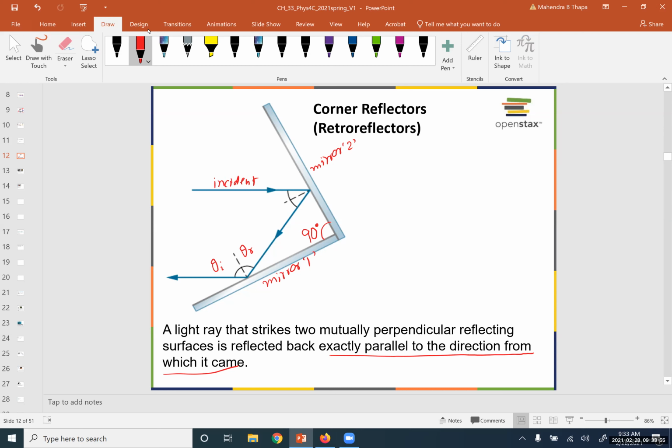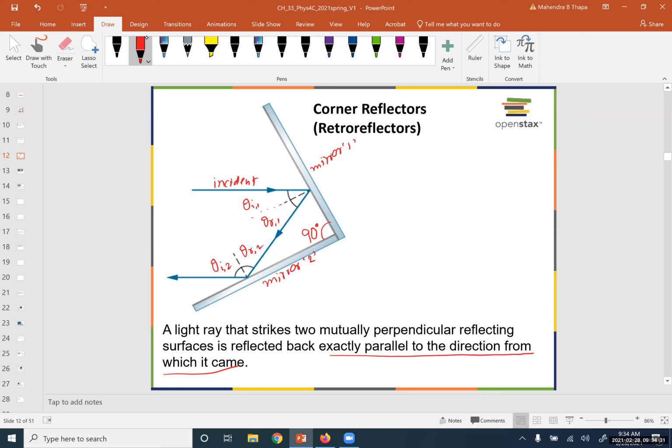Say this angle is perpendicular, so this angle we can say theta I for the first one, and this is theta r for one. So just replace the mirror naming, so it will be mirror 1, this is mirror 2, and accordingly you can say I2 and R2.